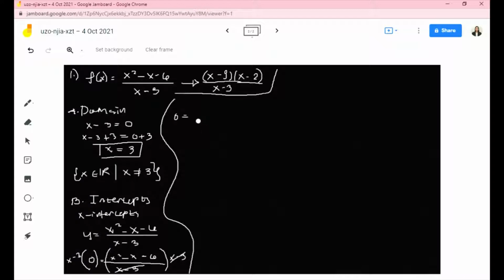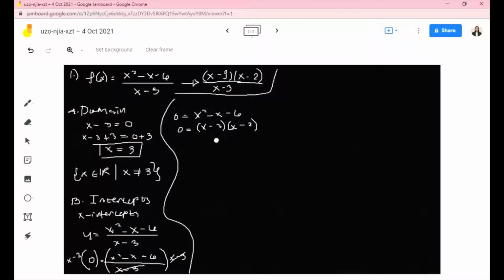So we are left with x squared minus x minus 6. Take note that x squared minus x minus 6 is just the same as writing it in its factored form, x minus 3 times x minus 2 equals 0.